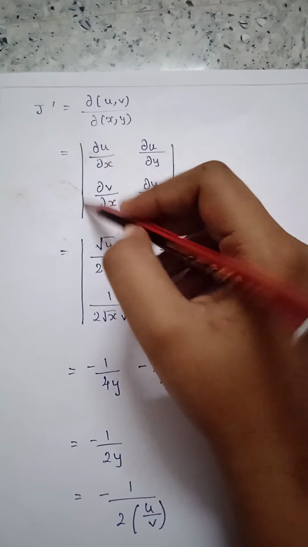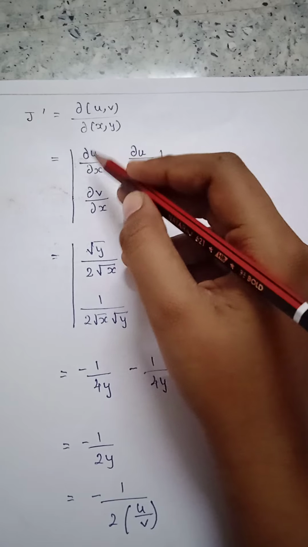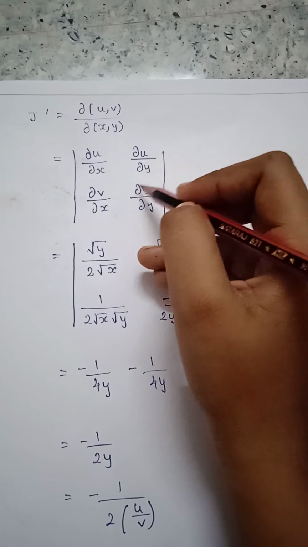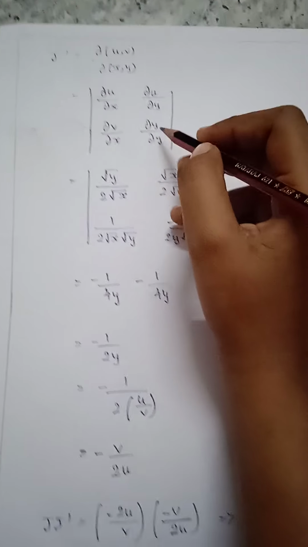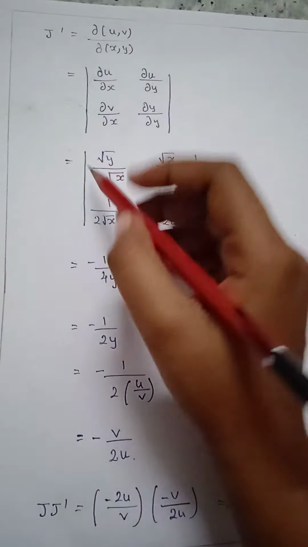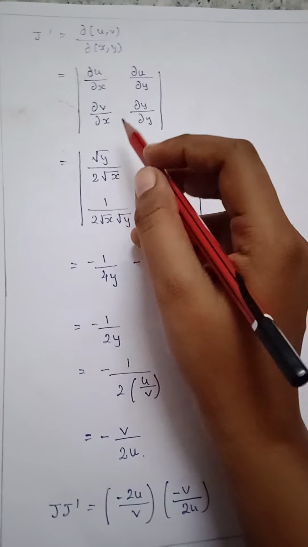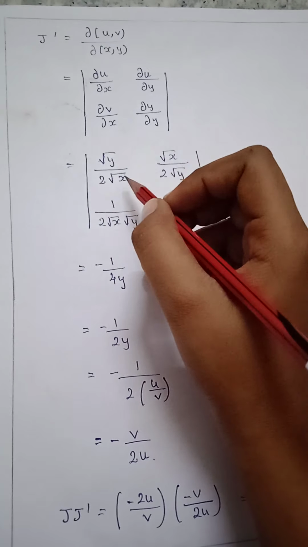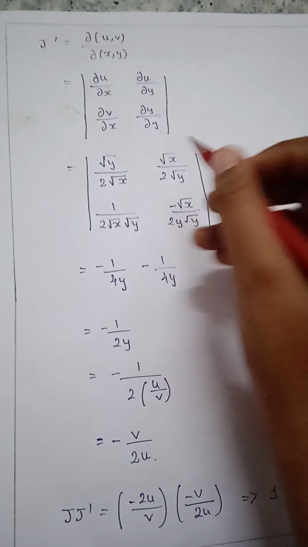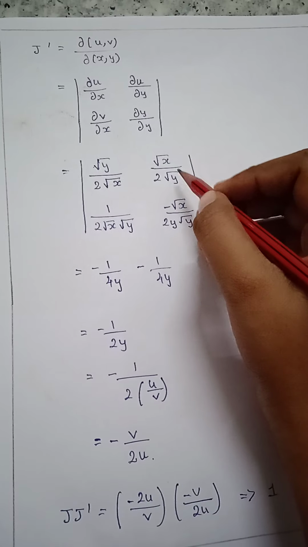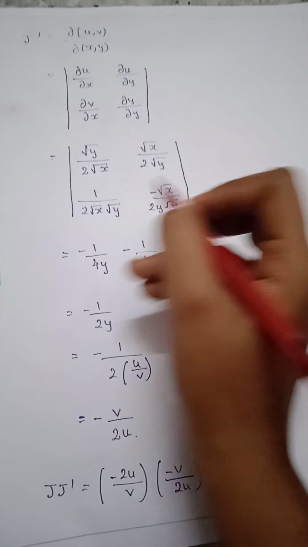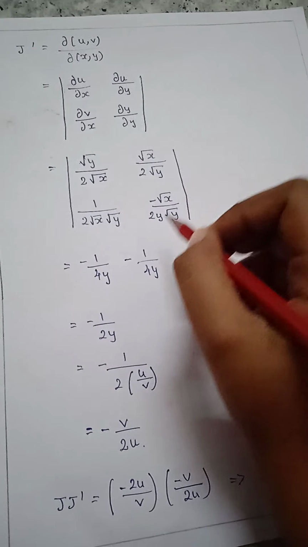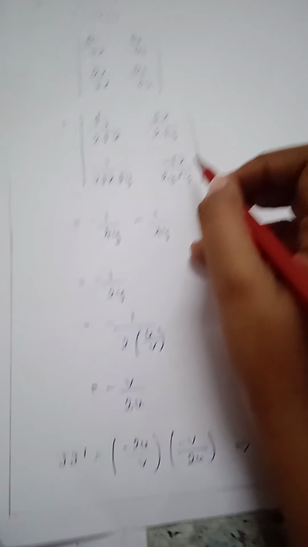For J dash, dou u comma v divided by dou x comma y, the formula is dou u divided by dou x, dou u divided by dou y, dou v divided by dou x, dou v divided by dou y. We apply the values: root y divided by 2 root x, root x divided by 2 root y, 1 divided by 2 root x root y, and minus root x divided by 2y root y.